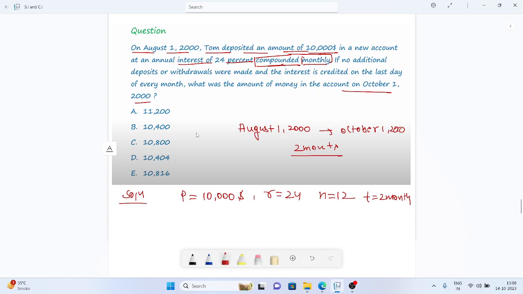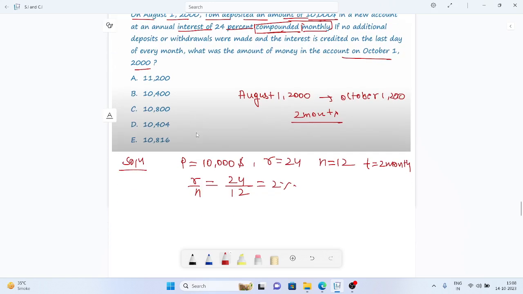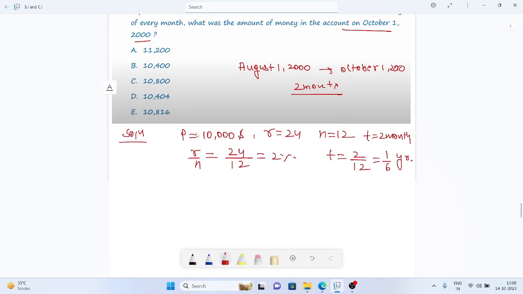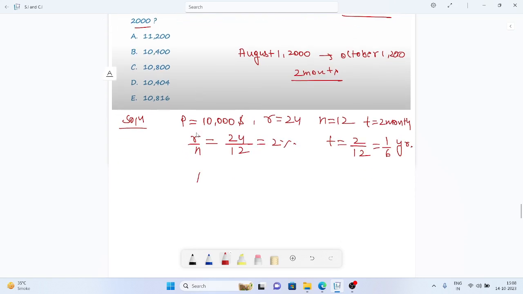Now before putting in the formula, I convert n and t. So the effective rate of interest R by n becomes 24 by 12, which is 2%, and t becomes 2 by 12, equal to 1 by 6 year. Now you plug these values into the formula and you get the compound amount.